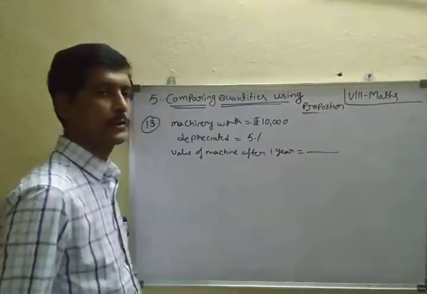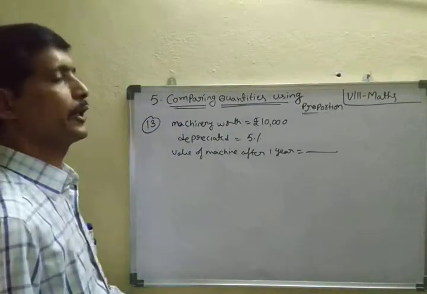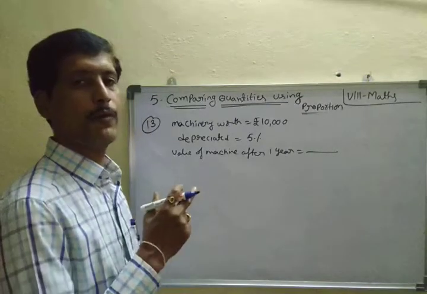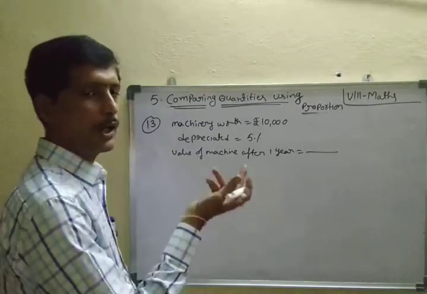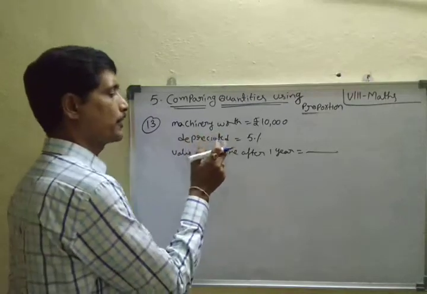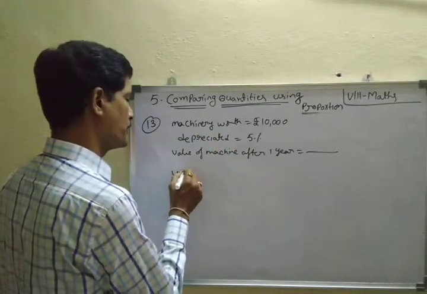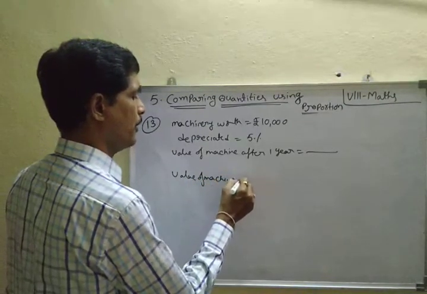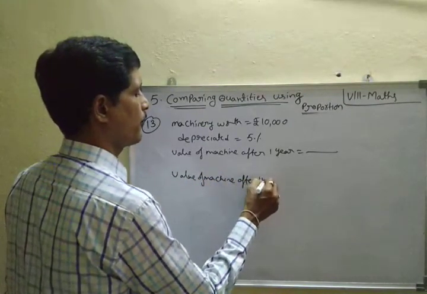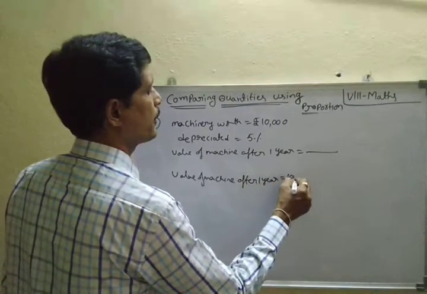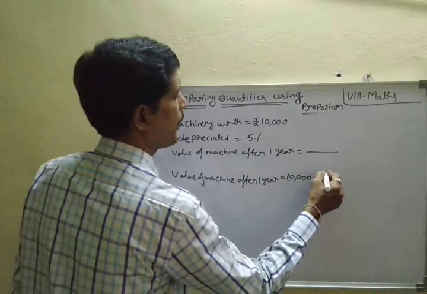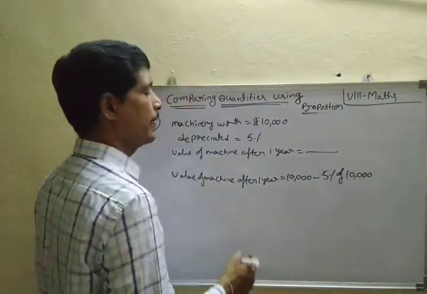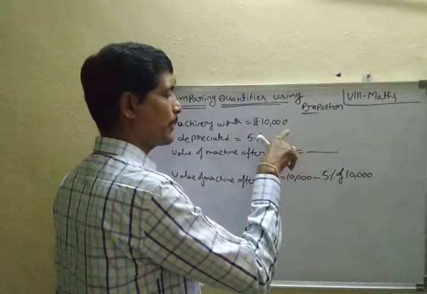Therefore, you get two methods. Anything depreciated means using the compound interest formula, that equals A into 1 plus R by 100, but depreciated means R is minus. Otherwise, directly, the value of machine after 1 year equals 10,000 minus 5% of 10,000 rupees. Here depreciated 5%, therefore 5% of 10,000 only.